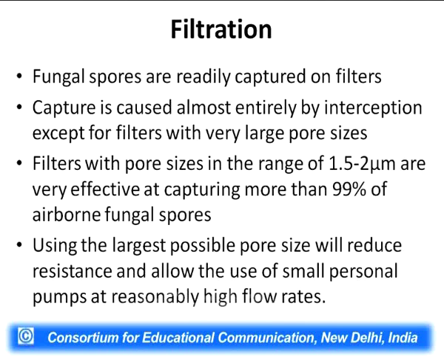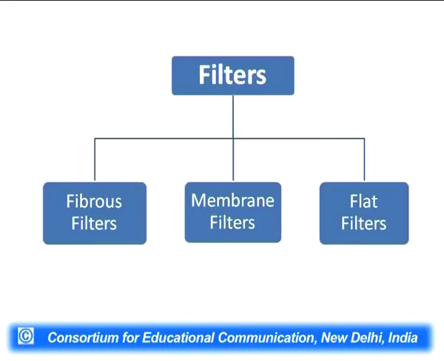Using the largest possible pore size will reduce resistance and allow the use of small personal pumps at reasonably high flow rates. In fact, filters are of three different types. They are subdivided into fibrous filters, membrane filters, and flat filters.